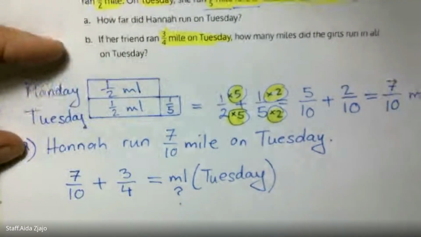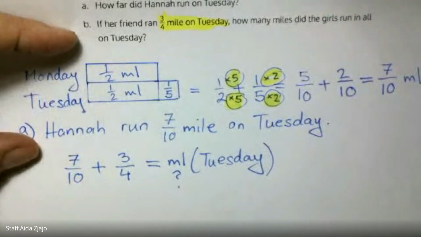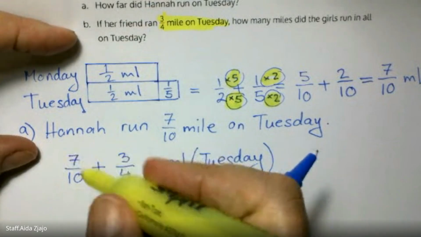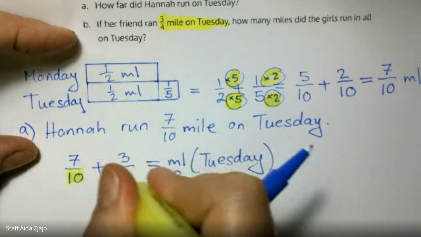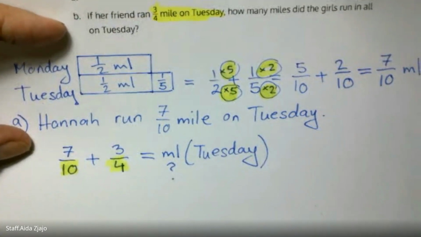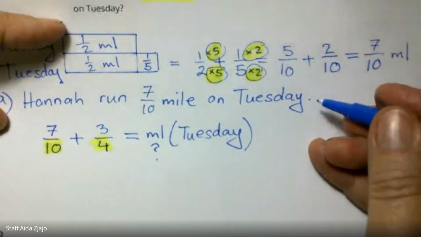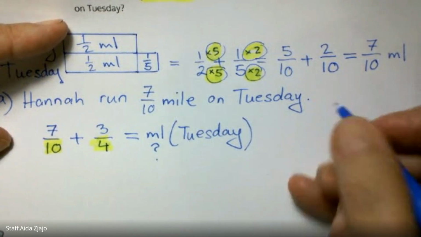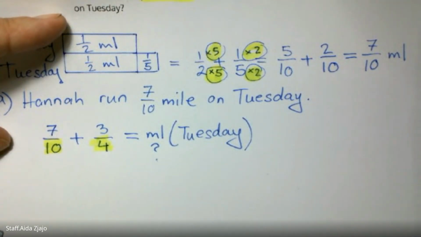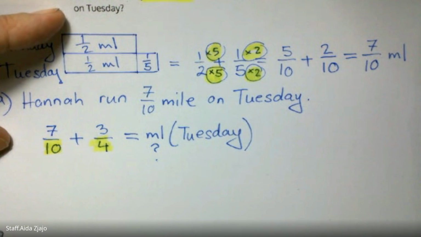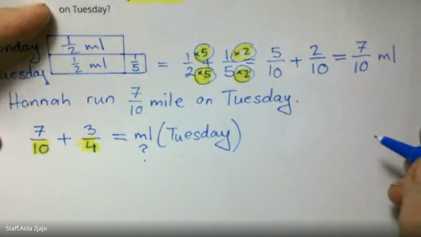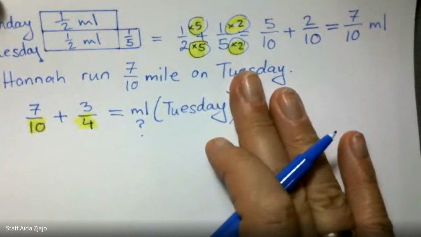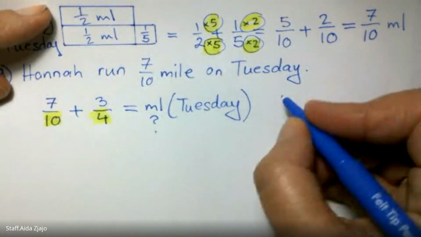Okay, so now we have tenths and fourths. If we skip count by 10 and we skip count by 4, we will find the least common denominator. I don't like it if you just go and do 10 times 4 and 4 times 10. We could do that, but the denominator will be larger and it's harder to work with a large one.